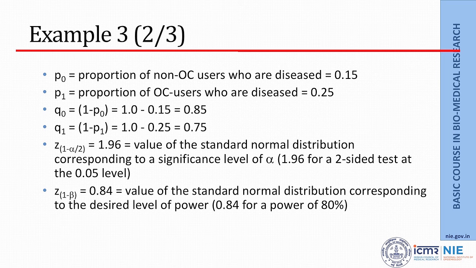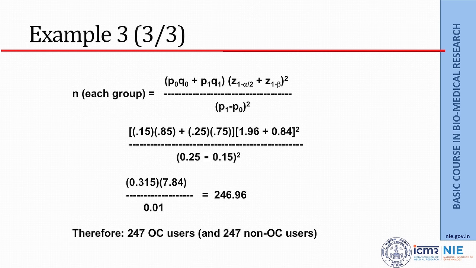Your Q1, the complement of P1, is 0.75. Z alpha is 1.96, as we saw in the last example. Z beta is 0.84. So we have all these values which can be plugged into the formula, which gives n equal to 246.96 or 247. So we need 247 OC users and 247 non-OC users, and follow them over a period to get the desired result.